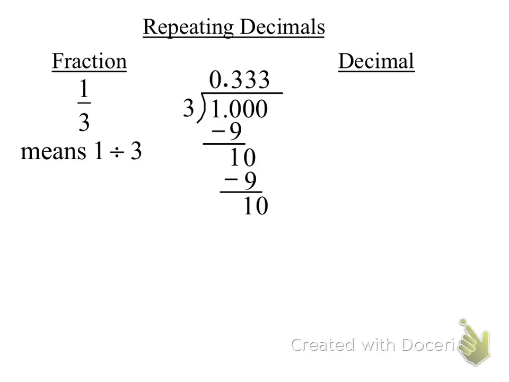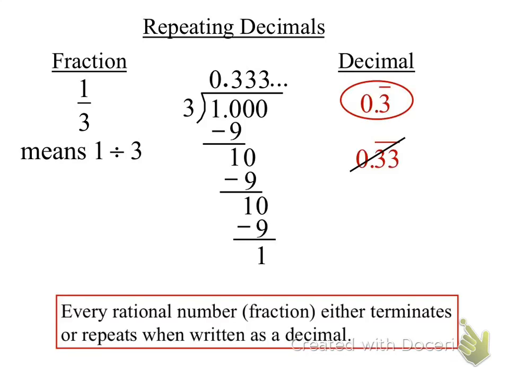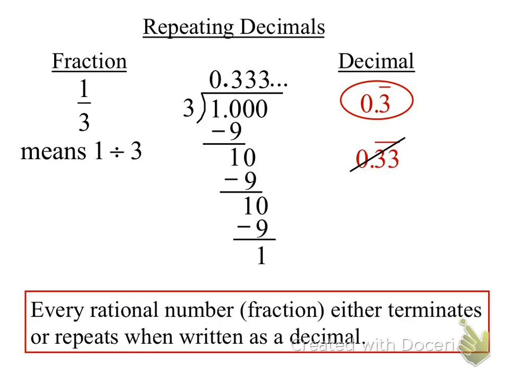The repeat bar. We put the repeat bar over the first digit of the number, so it only goes over that first digit, not the 33. I don't need it to go over 2 digits.